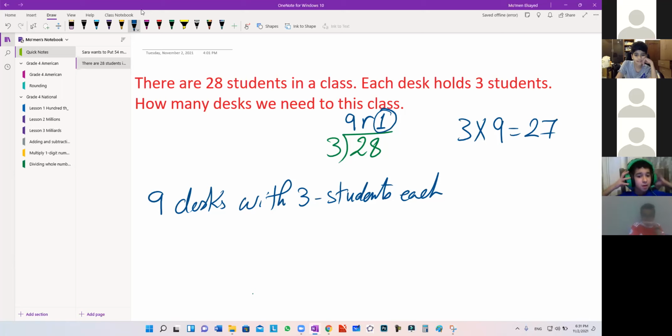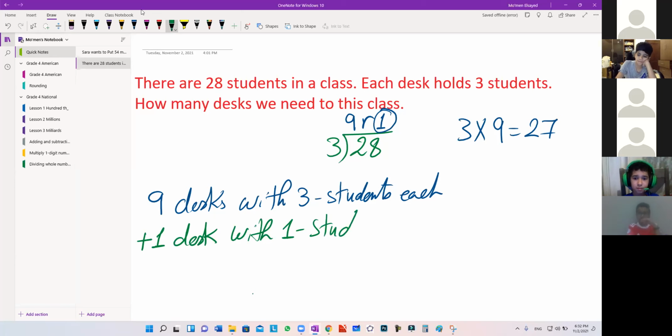We can't let him stand until the end of the year, right? No, that's impossible. So we're gonna bring another desk to the class to let him sit. So this desk will have 1 student.